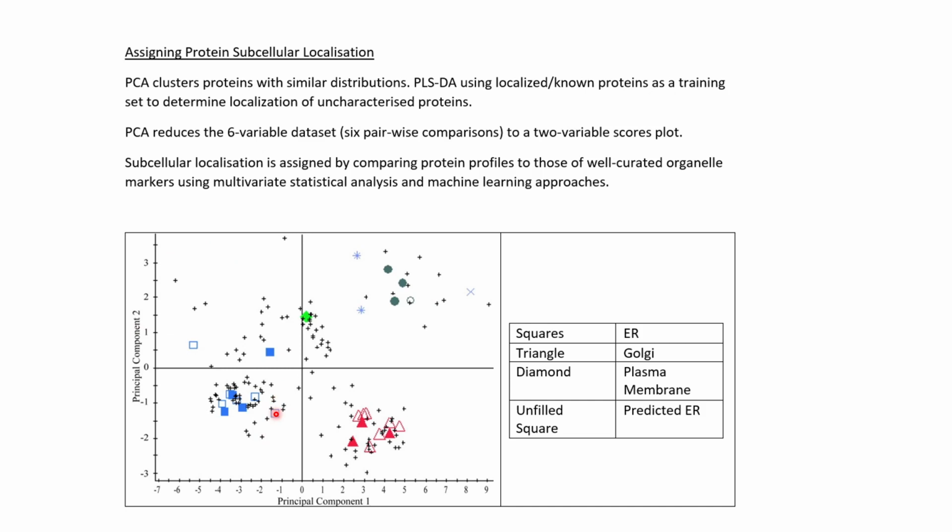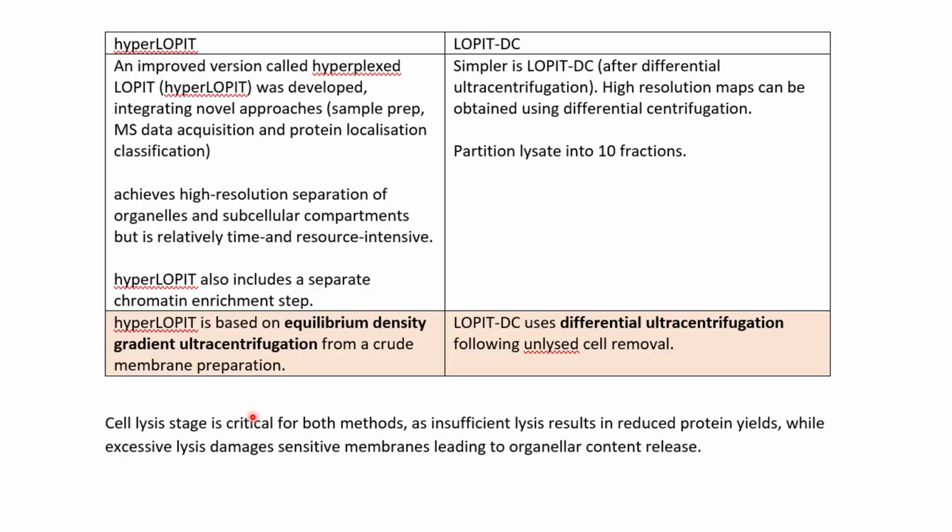The unfilled square is in this cluster over here. And so you can predict that this protein is an ER resident protein, and that is the case, basically. So the authors of this paper were just trying to show that their method works.